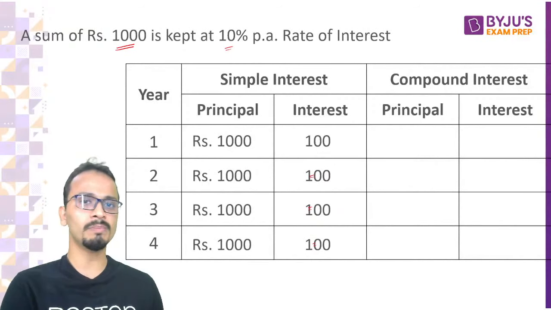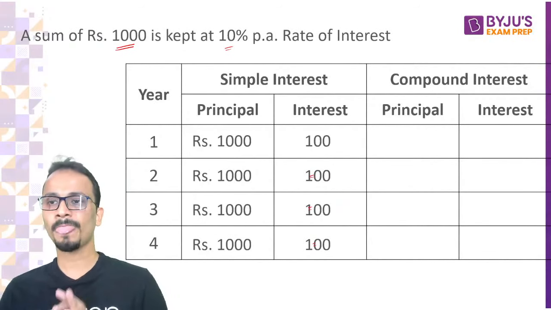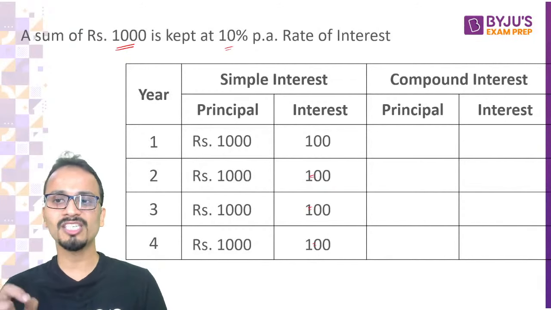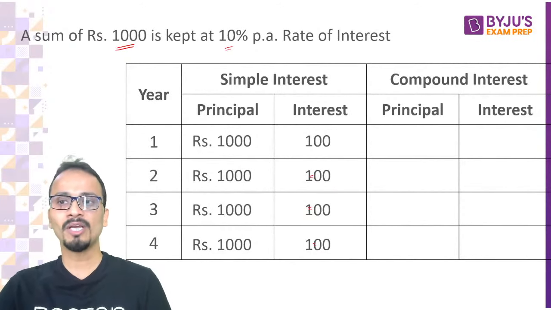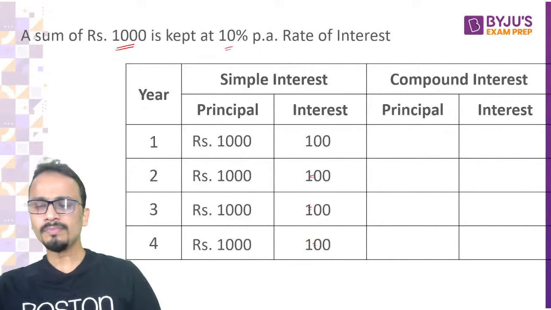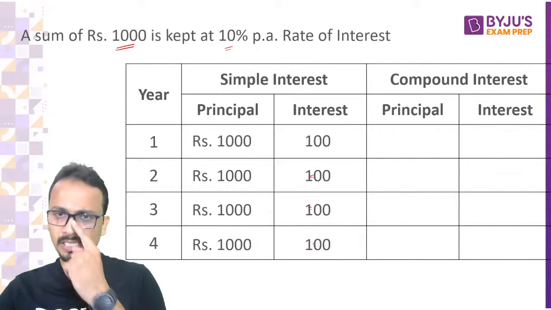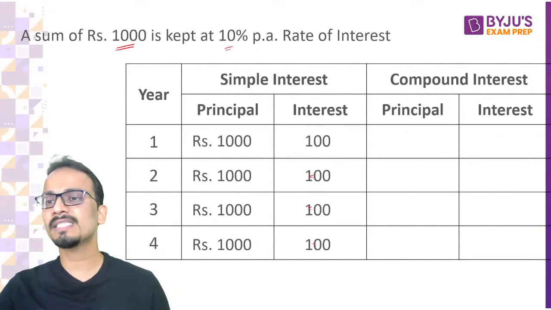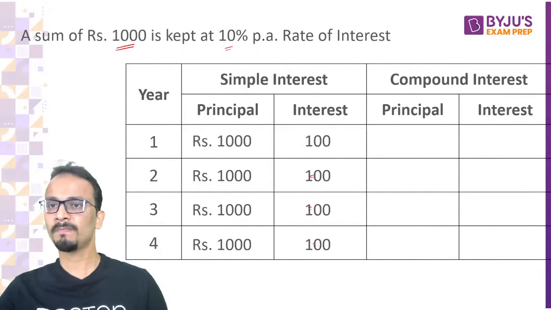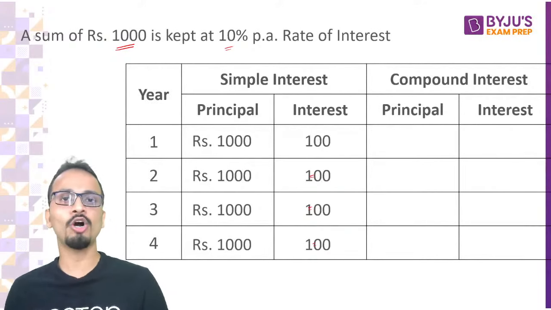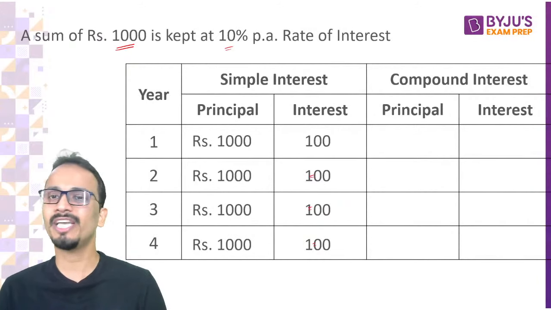So this was simple interest up till this point. Now talking about compound interest, the most dreaded part. What happens in compound interest? In the previous lectures we have seen the concept of successive percentage change. Compound interest is nothing but the application, the straightforward logic, of successive percentage increase.